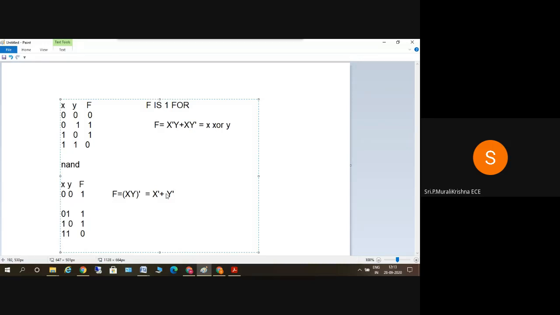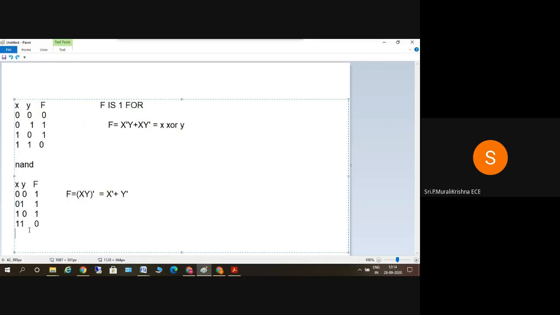If I want to go for using the truth table, what I have to do is check all the ones here, and do the minimization based on the theorems we have.